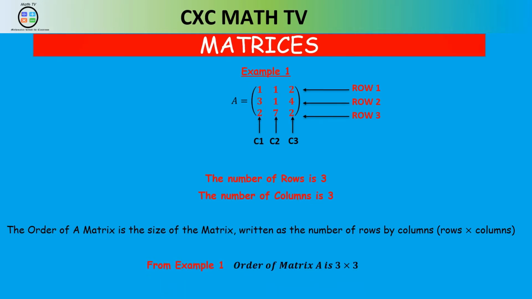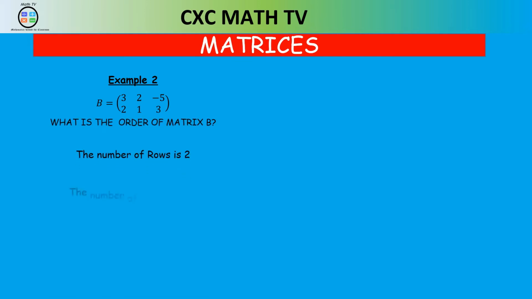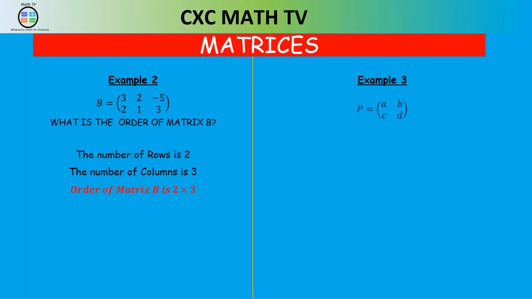Now, using that same principle, what would be the order of matrix B? We see that matrix B has 2 rows and 3 columns. And so the order of matrix B is 2 by 3. Let's try another one. What is the order of matrix P? Matrix P has 2 rows and 2 columns.